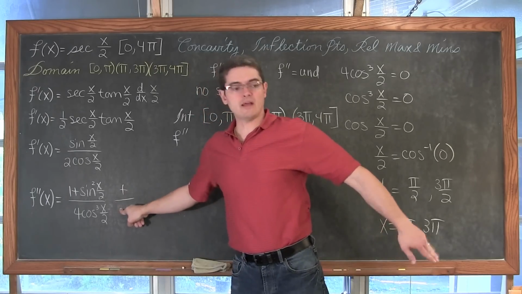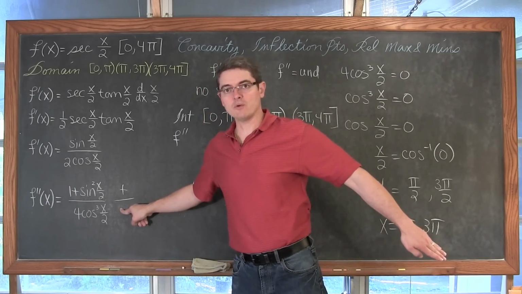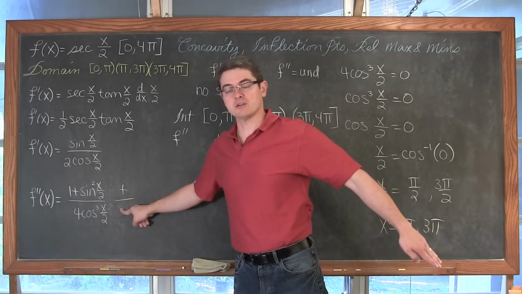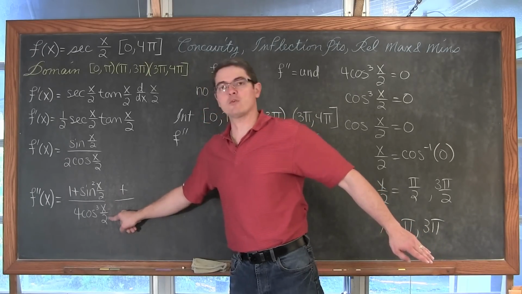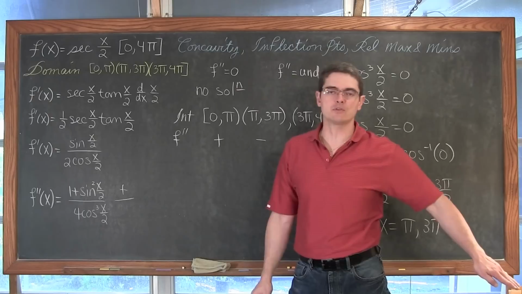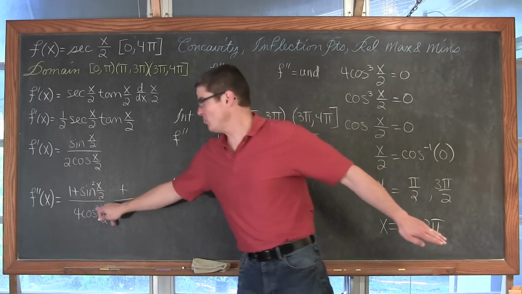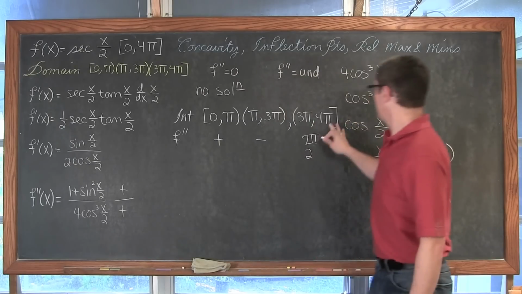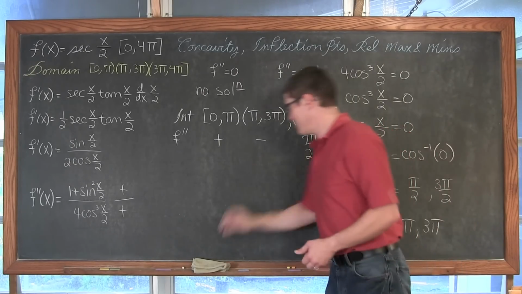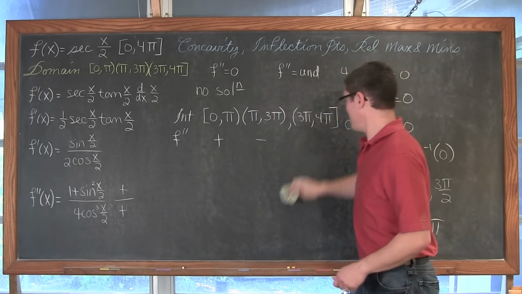In the denominator at 7 pi over 4, your cosine is going to be positive, right? Because in quadrant 4, your x's are positive. And it's going to be, again, square root of 2 over 2, only this time positive. That cubed is a positive number, times 4 is a positive number. So the second derivative in this last interval of 3 pi to 4 pi is positive.